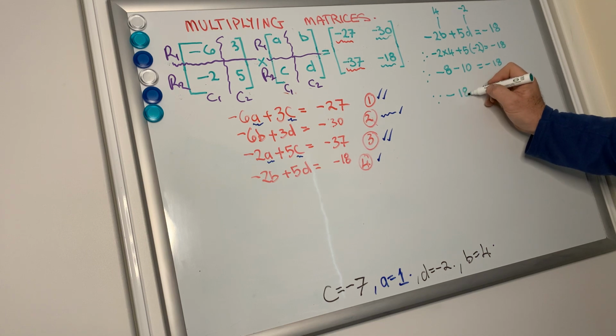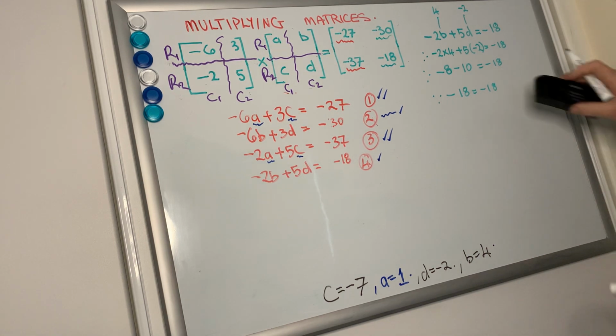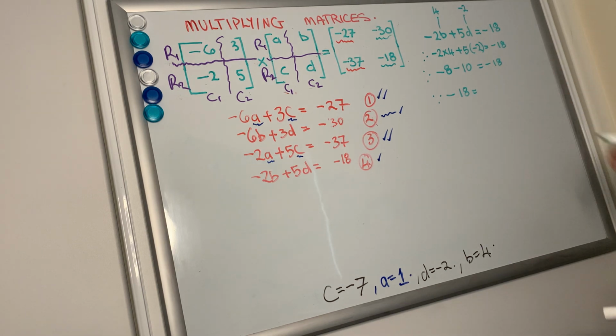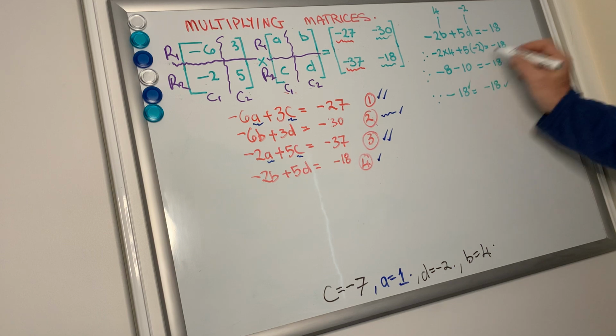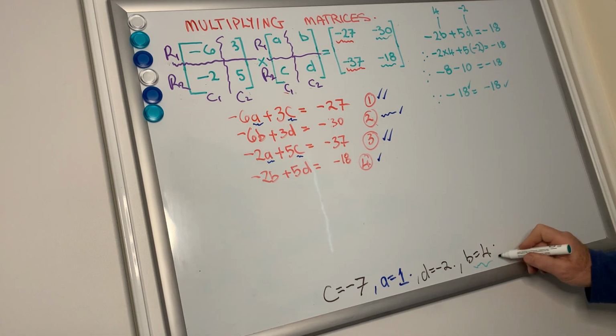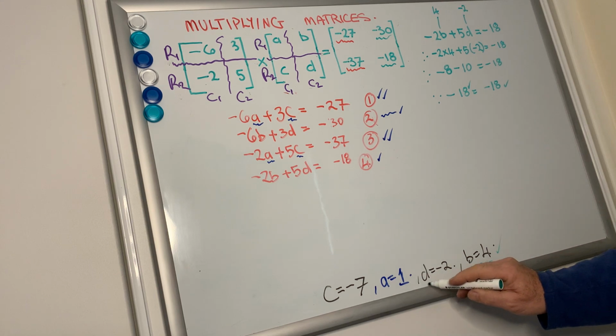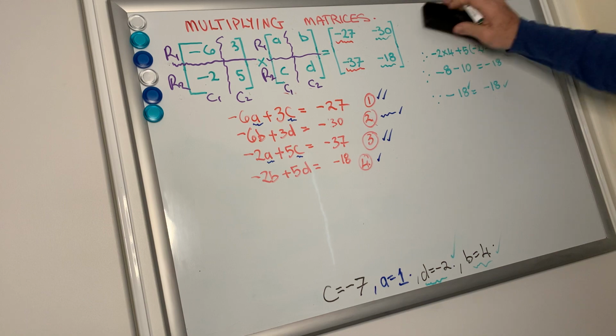Minus 18 equals minus 18. So that side is correct, and we now know our value for b is correct and our value for d is correct.